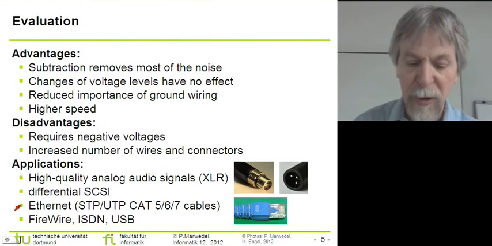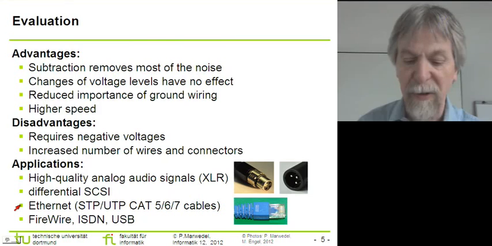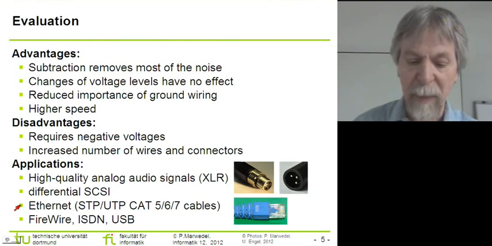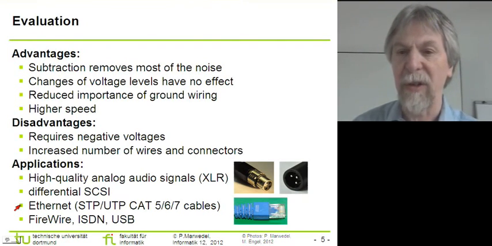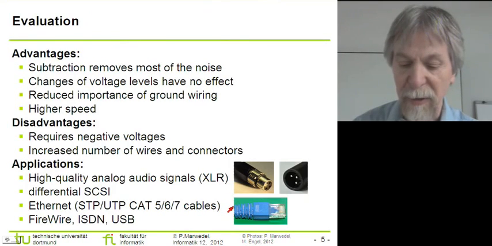And also, because of these advantages, Ethernet is mostly using differential signaling, except for very early versions of Ethernet and for versions that are based on wireless LAN techniques or optical communication. So this is the well-known connector for the standard Ethernet.